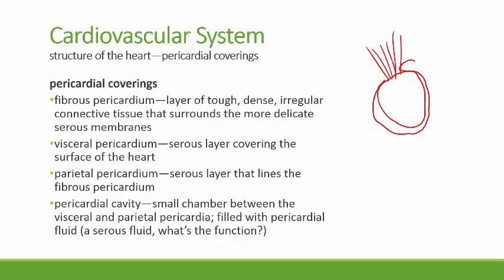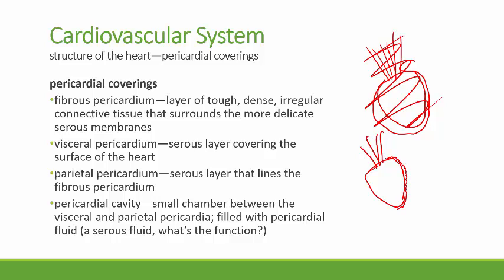So I'm going to try to do that again. So this is the heart, and here are some veins and arteries coming out of it. There is a layer of that membrane that adheres directly to the surface of the heart. And then up here it folds and comes back around. Hopefully this is looking a little familiar to you.